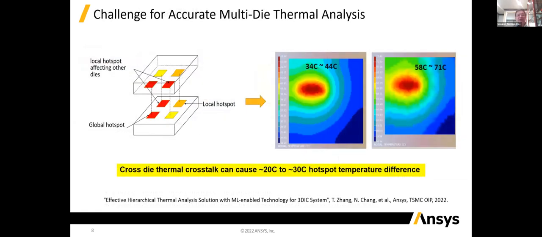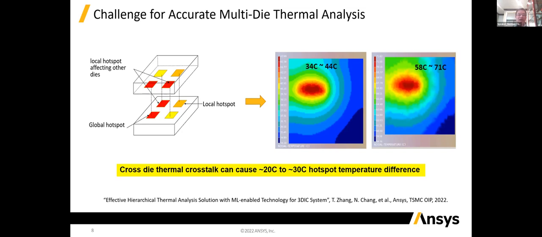And this can be illustrated by this graph. On the top die and the bottom die, we can see that each die will have different thermal hotspots. However, if the thermal hotspots on the top die and the bottom die line up together, that will create a global hotspot. For example, on the right, instead of coming from an individual die, you may see a 35 to 44 degree thermal hotspot.